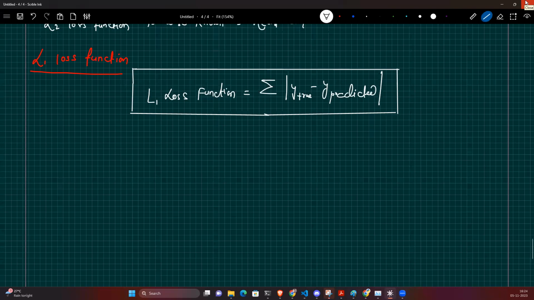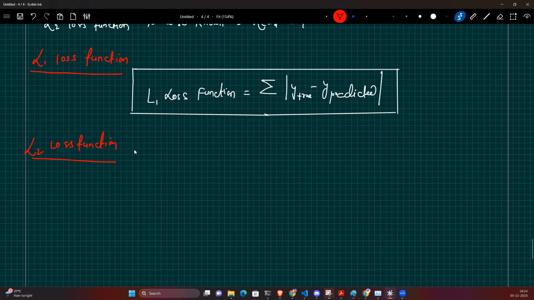So now we understood L1, why it is called the least absolute deviation. Now we are going to consider another loss function, the L2 loss function, which is also called least square error.